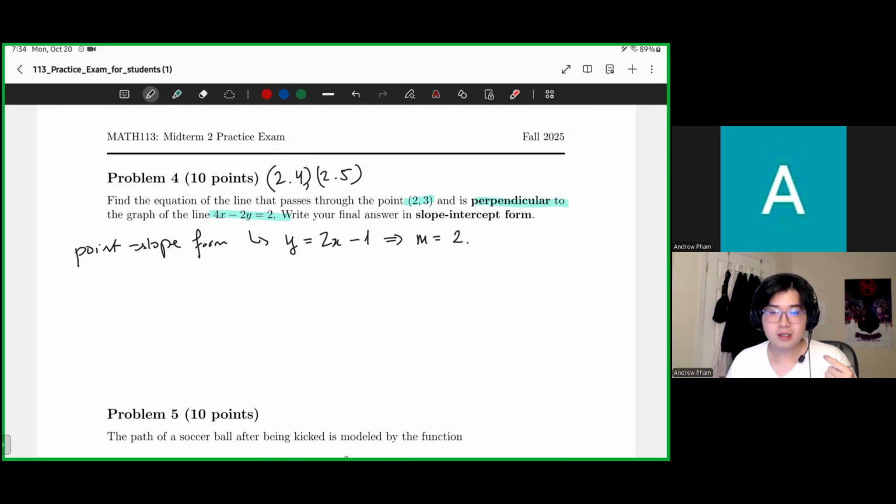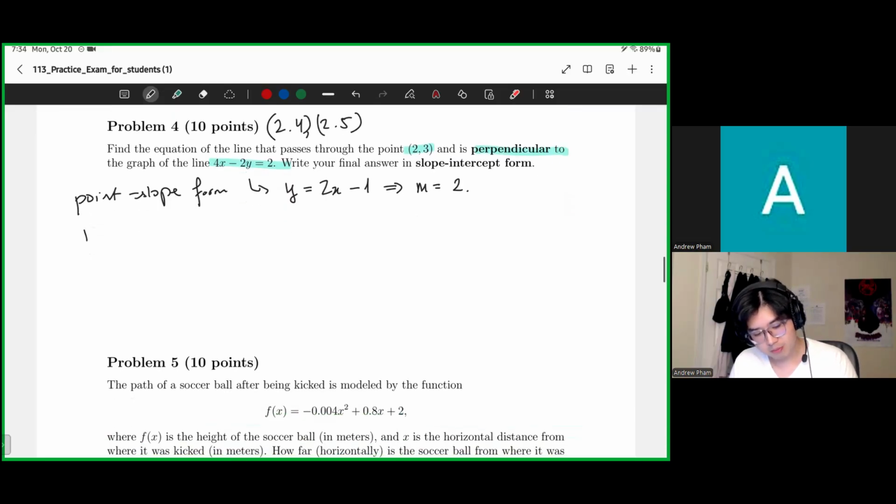We have a line and we have a point now. And we want a line that is perpendicular to this line right here, and it also goes through the point 2, 3. So if m is 2, the slope of the perpendicular line, m perp, has to be the opposite sign reciprocal. Okay?